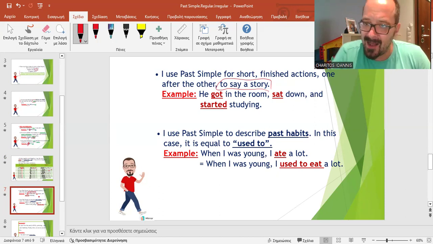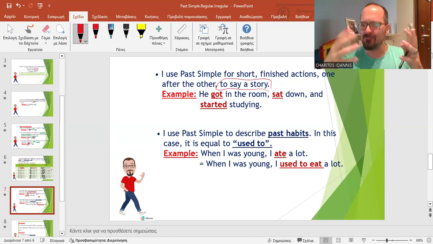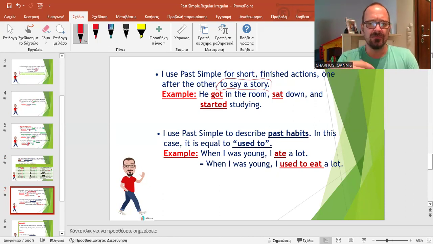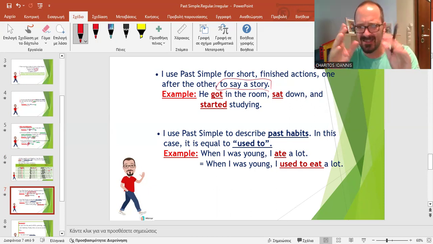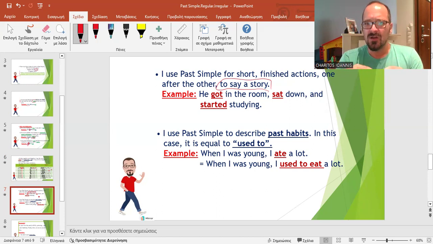You may find other descriptions, other names, like storytelling, or dramatic, or narration, or that stuff. But in reality, that's the rule. I have short finished actions one after the other, and in reality I describe actions that happen, so I'm describing a story.